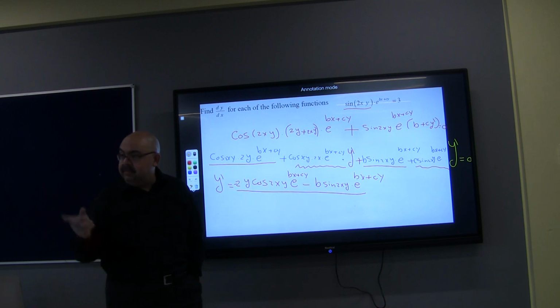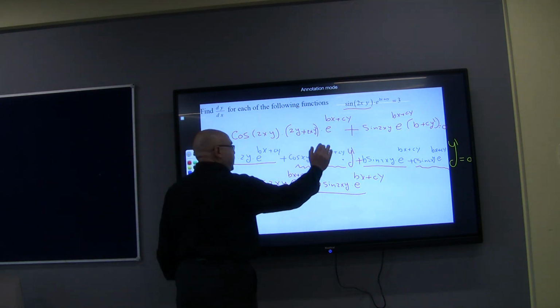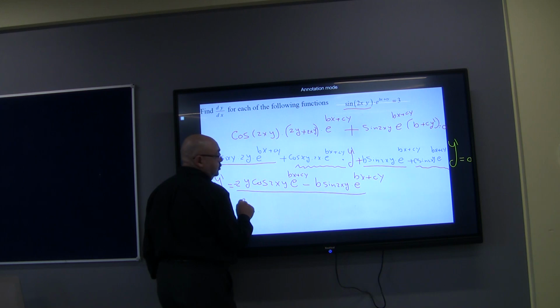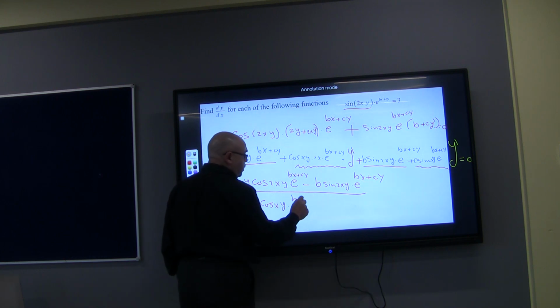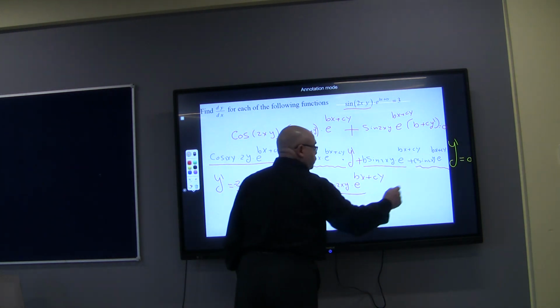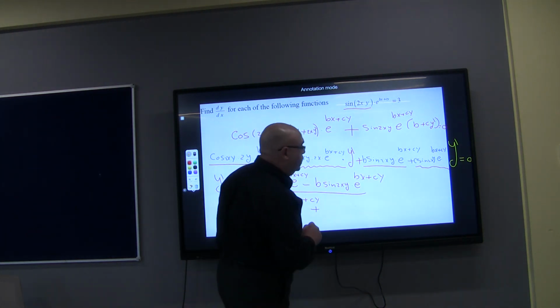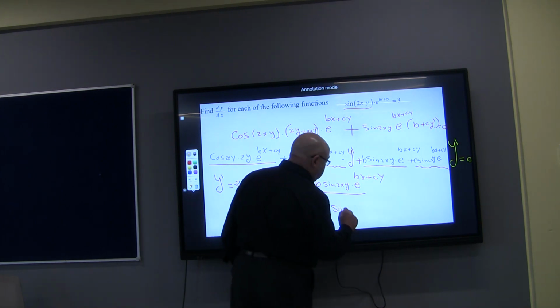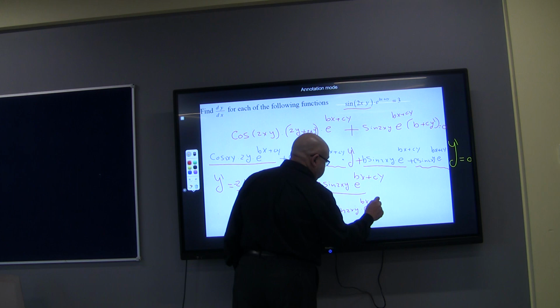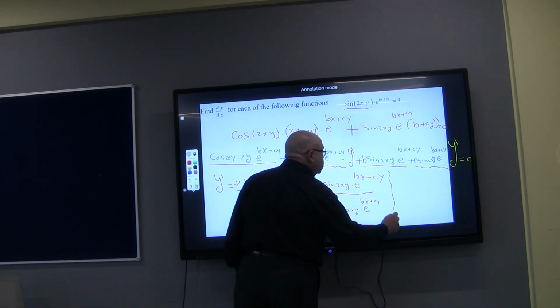When I take y dash as a common, what remains is 2x times cosine 2xy times e to the power of bx plus cy. From this term too, when you take y dash as a common, you will have c times sine of 2xy times e to the power of bx plus cy, and that's it.